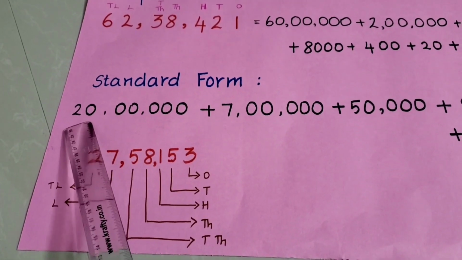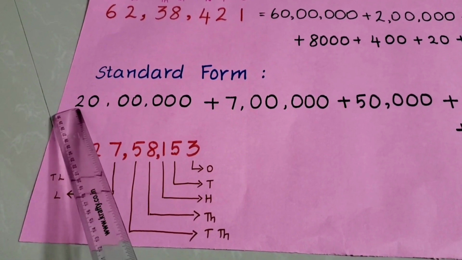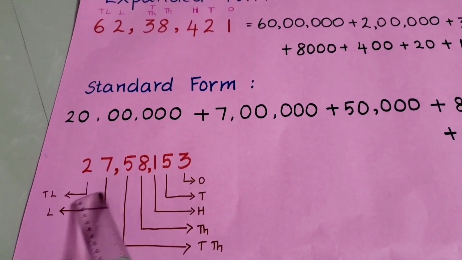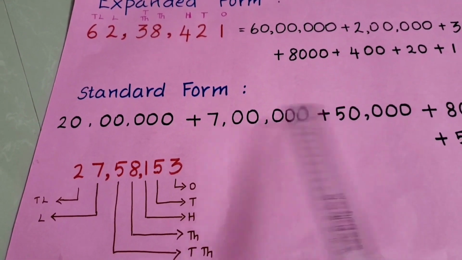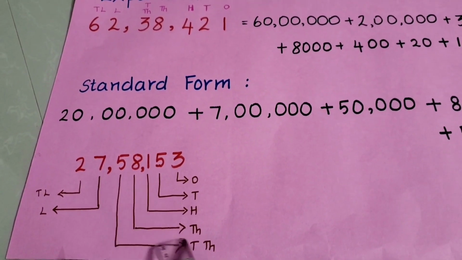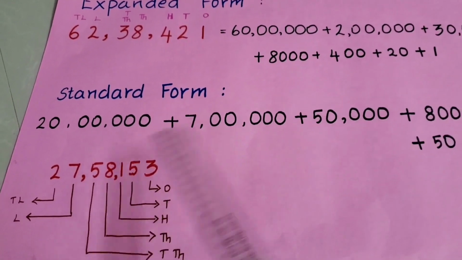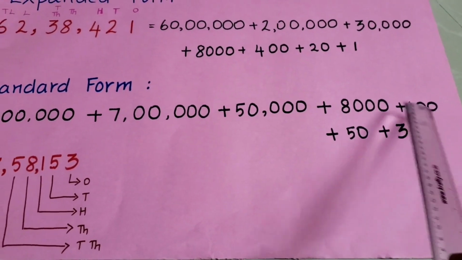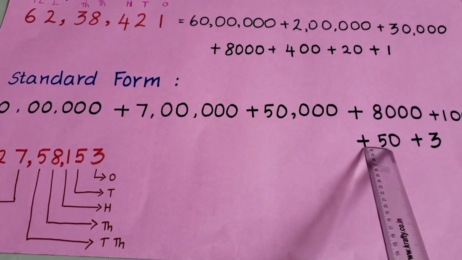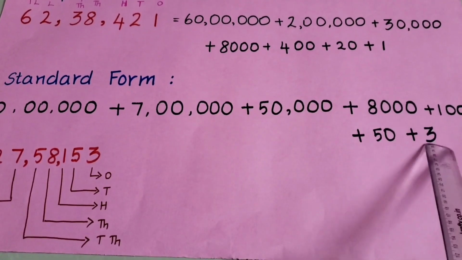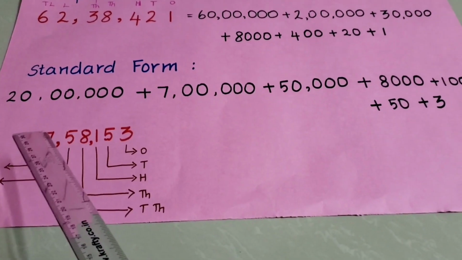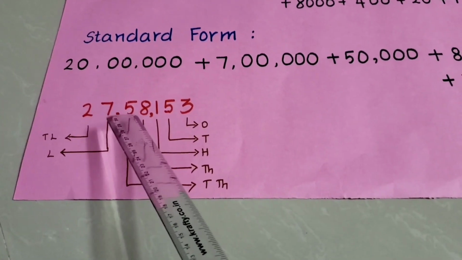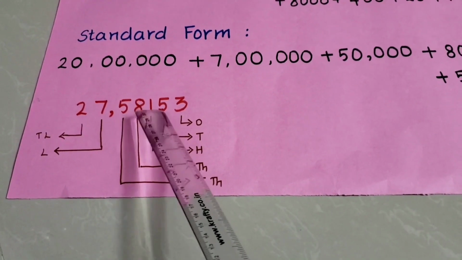Since it is given as 20 lakhs, I have written 2 in the 10 lakh place, 7 in the lakhs place, 50,000, so 5 in the 10,000 place, 8,000, 8 in the 1,000 place, 100, so 1 in the 100 place, 50, 5 in the tens place, 3, 3 in the ones place. So the answer is 27,58,153.